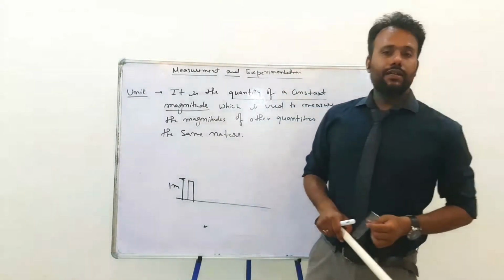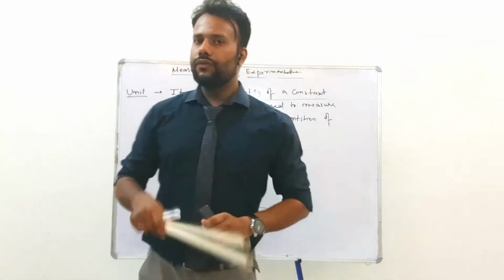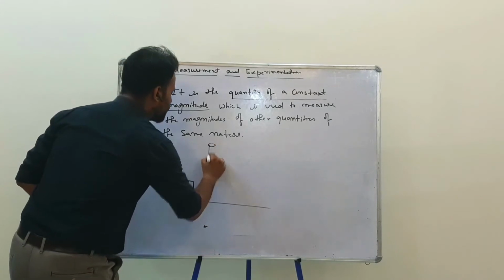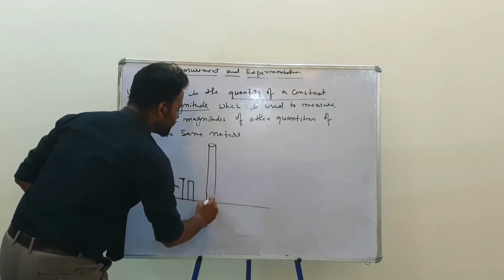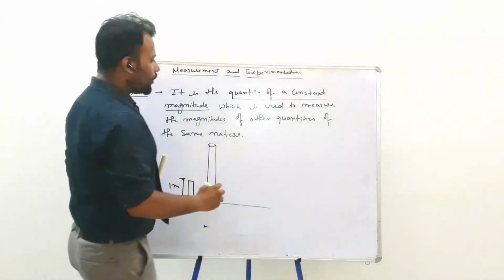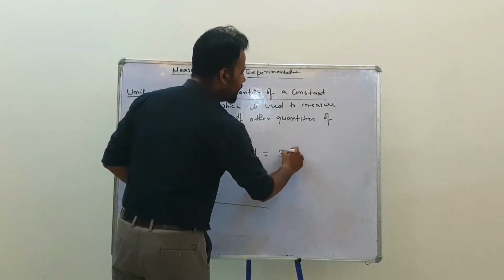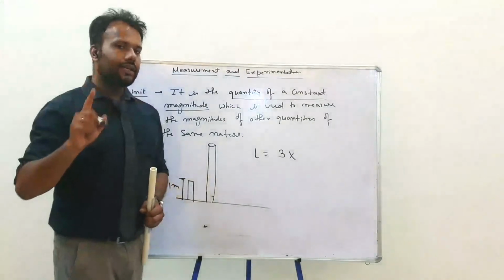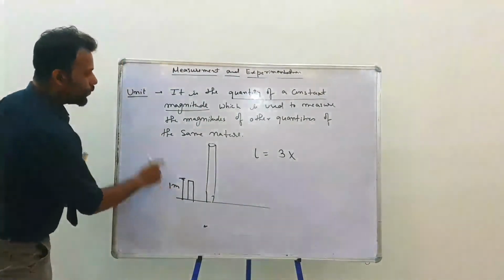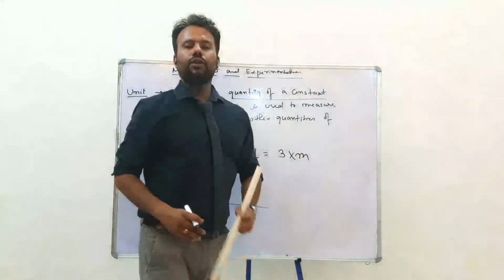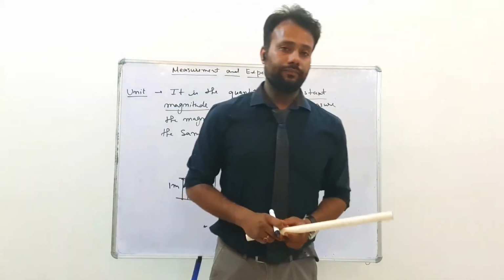Because I have considered the length of this scale to be 1 meter, the length of the pipe is 3 times the standard scale. So I can say the length of the pipe is 3 meters.